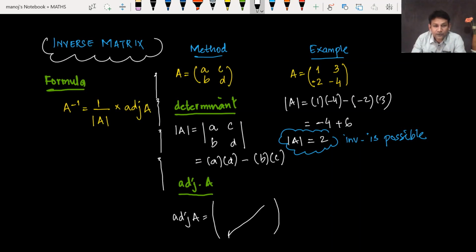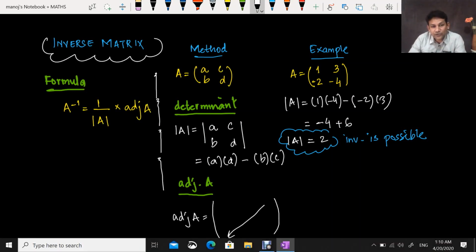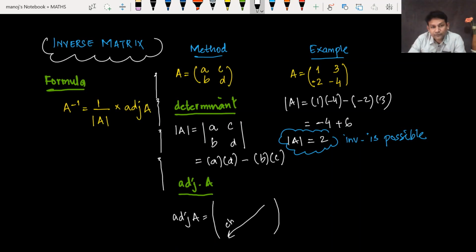In this direction you have to change the sign, and in this direction you have to change the place, like sign change and place change. So what is the adjoint of this?